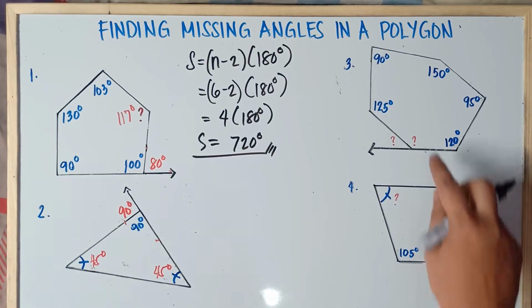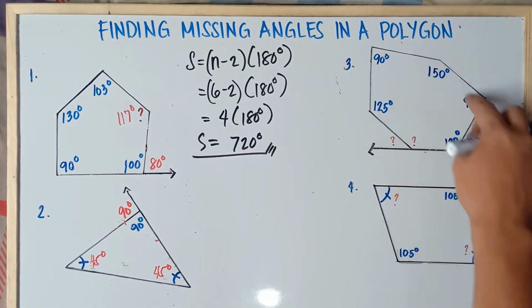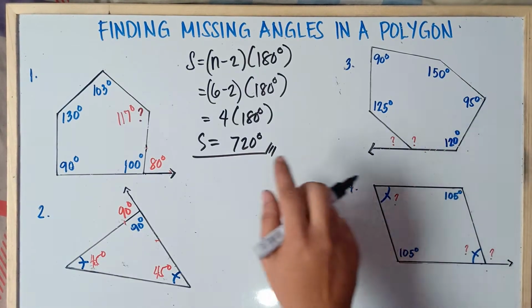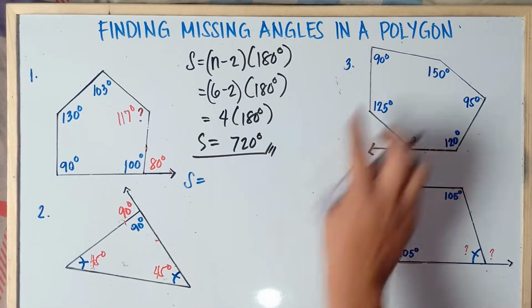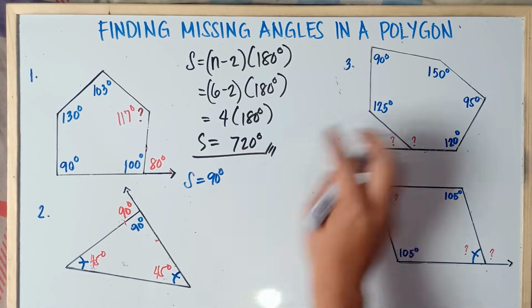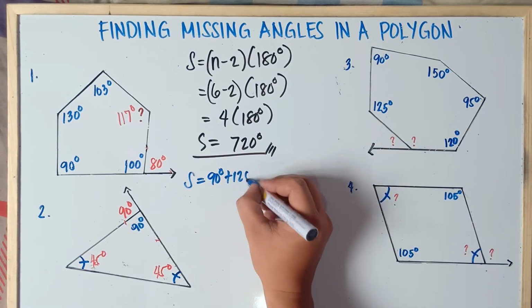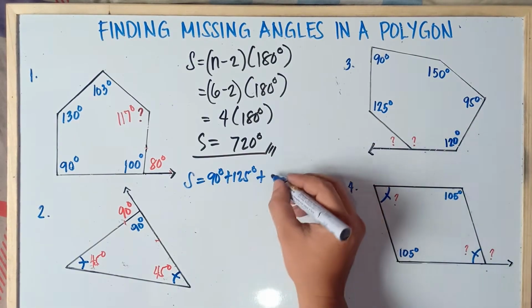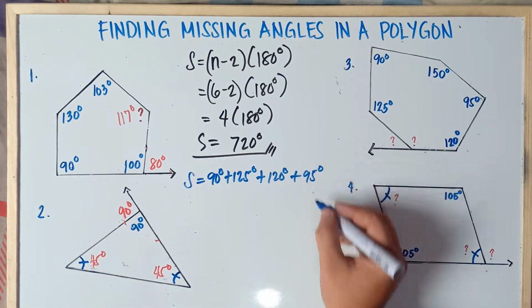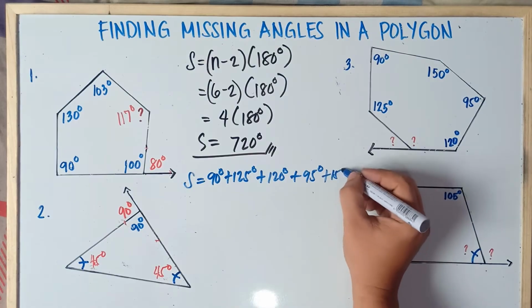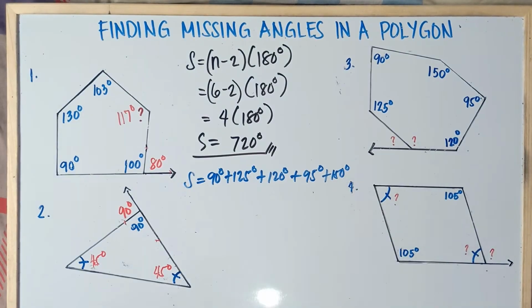So to find this angle right here, we can just simply add this up and then we subtract it from the sum. So our equation will be the sum equals 90 degrees plus 125 degrees plus 120 degrees plus 95 degrees plus 150 degrees, and then let's label this one, class, as x.